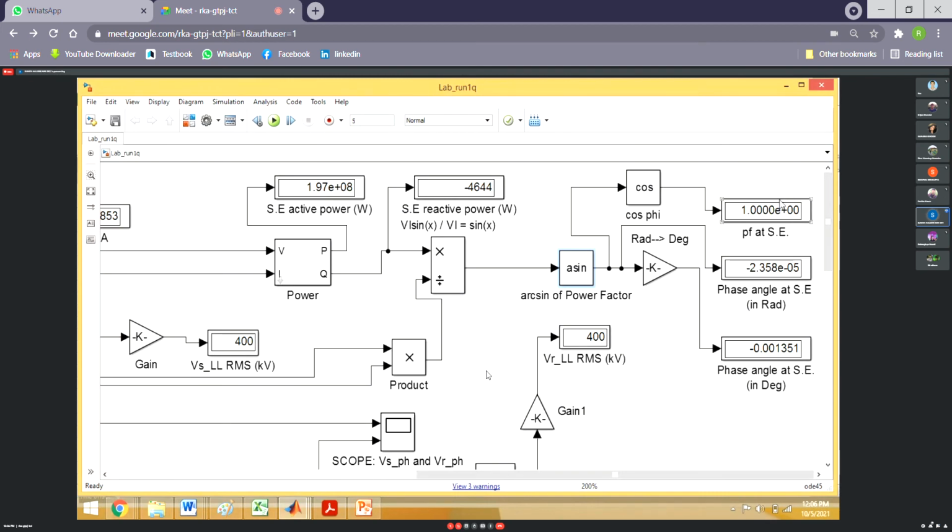Whatever digits we are seeing here, there are far more digits, so that's why a very small angle is showing. Have you understood my point? So it is better you write power factor angle by calculation.